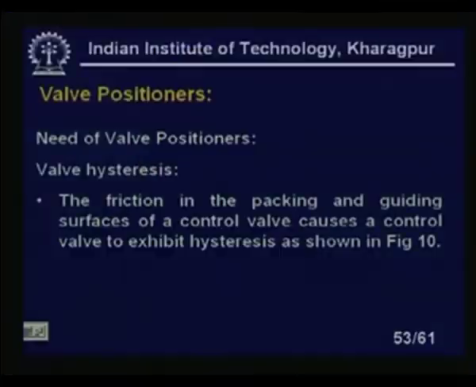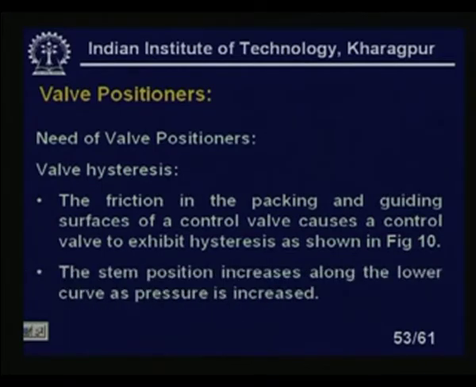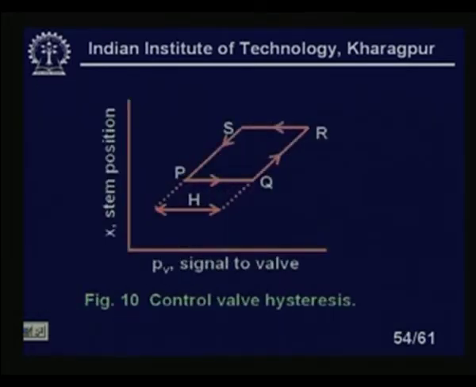The friction in the packing and the guiding surface of a control valve causes a control valve to exhibit hysteresis, as shown in figure 10. The stem position increases along the lower curve as pressure is increased. Let us look at it: I have a signal to the control valve, and this is the stem position, or lift, as we sometimes call it.